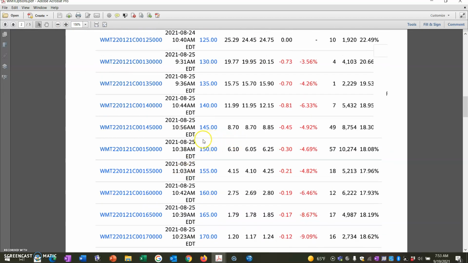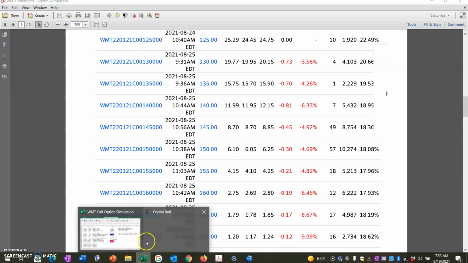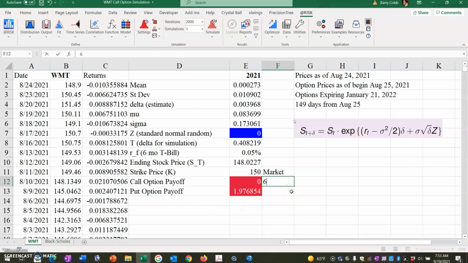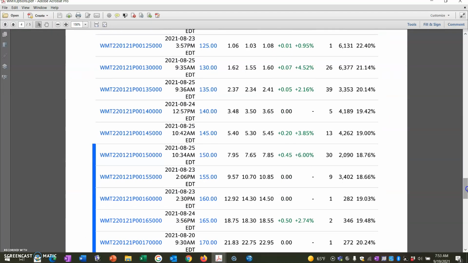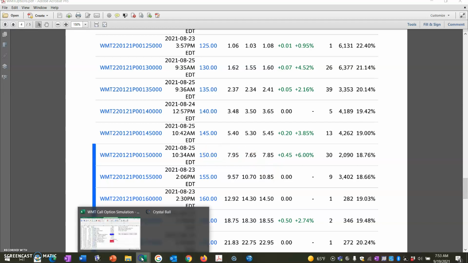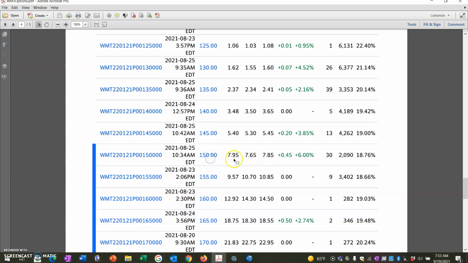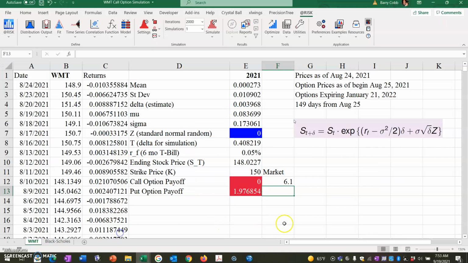At that time, on the morning of August 25th, the call option was trading for 6.10. And the put option, with a strike price of 150, was trading for 7.95. So it'll be interesting to see how our estimate here with simulation matches these market prices.